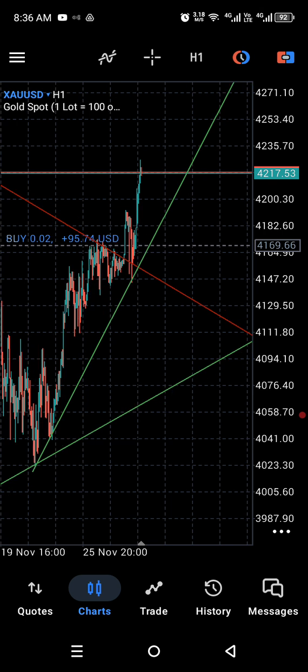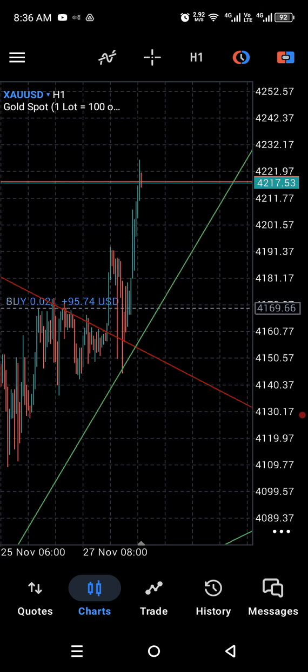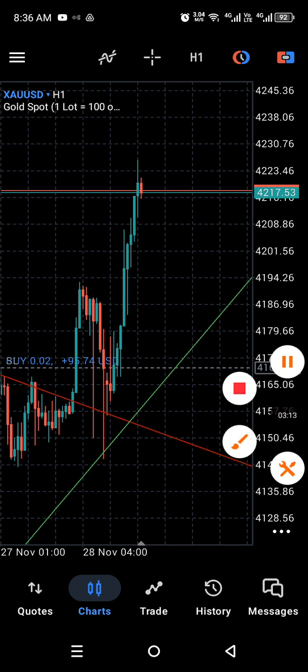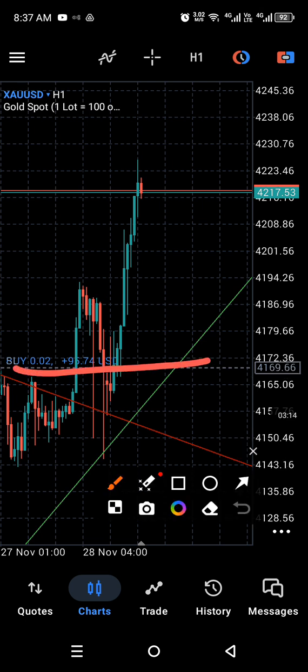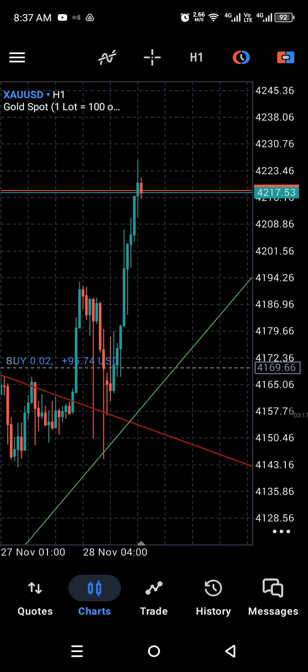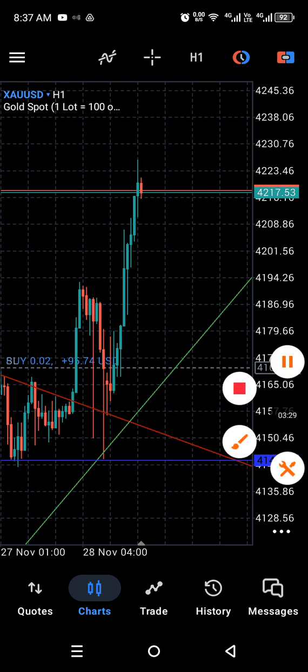As soon as I entered the buy setup at this point, my stop loss was down here. Remember, price had not yet printed these green candlesticks that you're seeing.